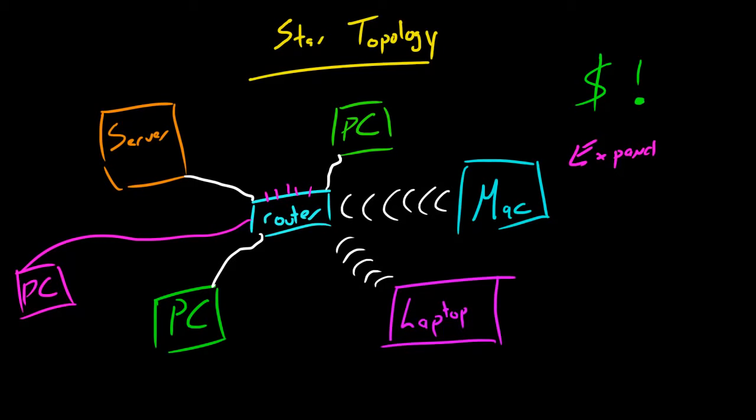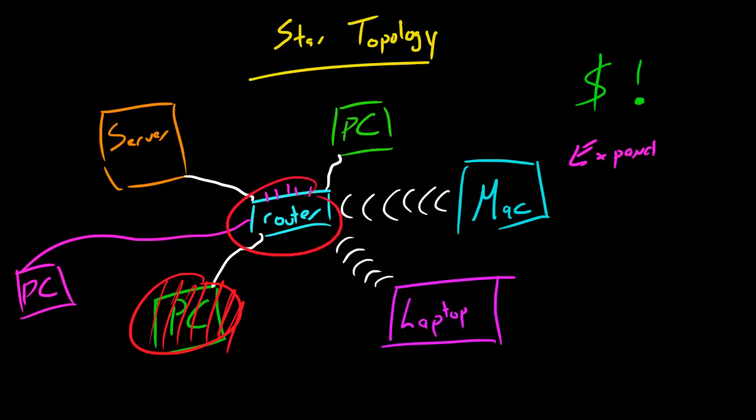And the last thing that I want to point out, which I should have mentioned earlier, is that another reason people like this so much is because whenever one node goes down, maybe you have a break in the Ethernet cable right here because your dog ate it, or maybe your PC got a virus, so this is messing up the system, the rest of the network still works.